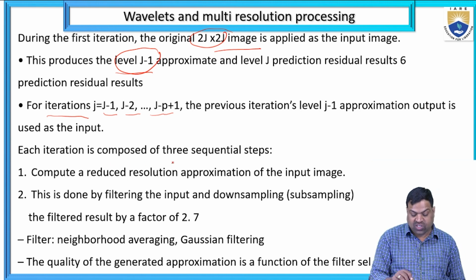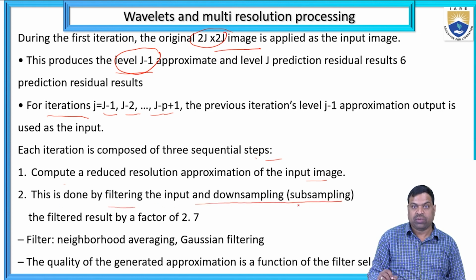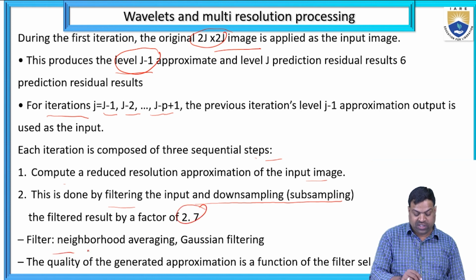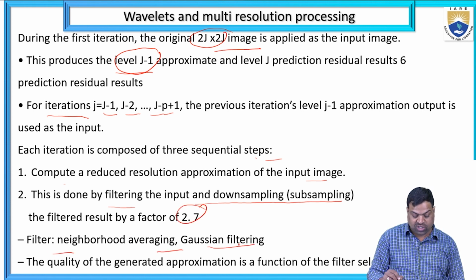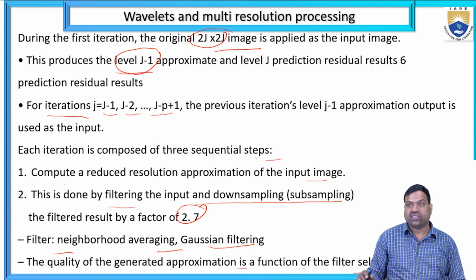Each iteration is composed of 3 sequential steps. The first one is to compute a reduced resolution approximation of the input. This is done by filtering the input and downsampling, or subsampling, the filtered result by a factor of 2. The filter can be neighborhood averaging or a Gaussian filter. The quality of the generated approximation is a function of the filter selected.